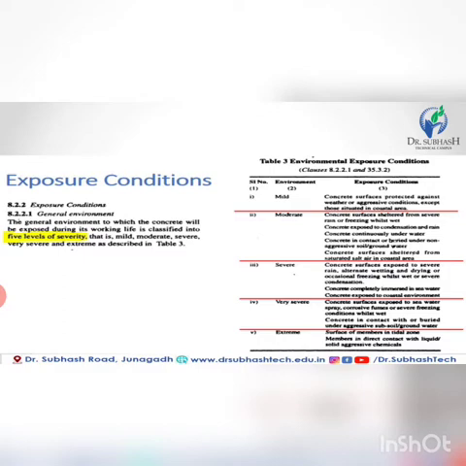Table number 3 of IS 456, clause number 8.2.2.1 and 35.3.2. Moderate, severe, very severe and extreme.